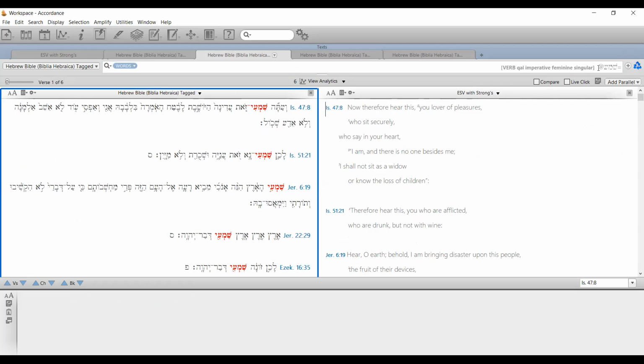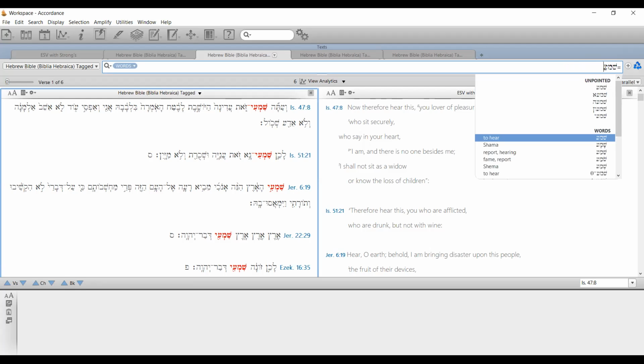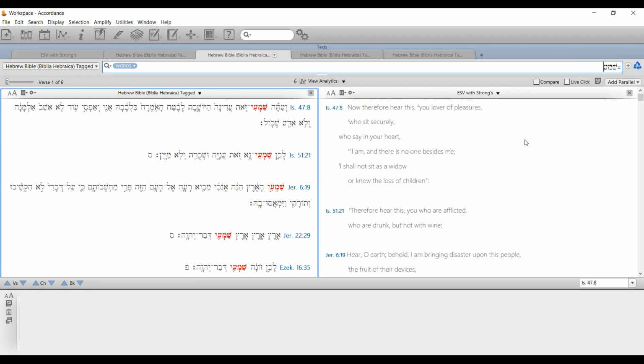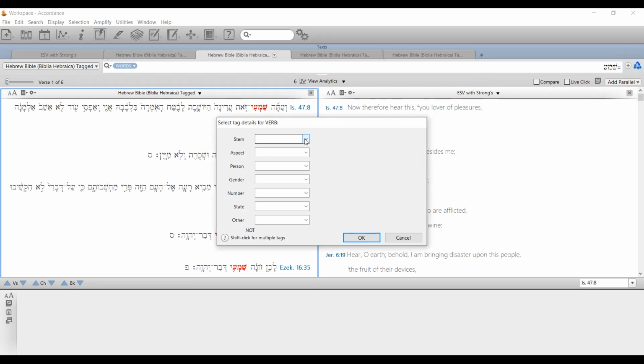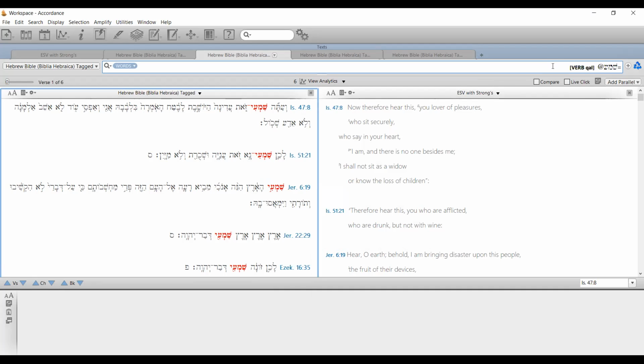Just imagine that I would like to modify the search a little bit. The same root Shama, and the same here, Shama, and I just want to add a tag, let it be verb, let it be the same Qal stem, and I don't modify any other options, but I would like to add one more tag.